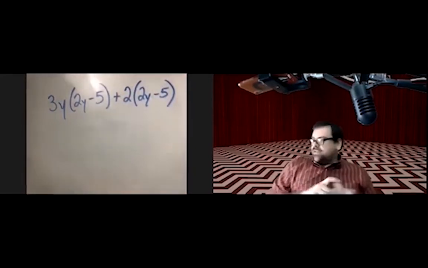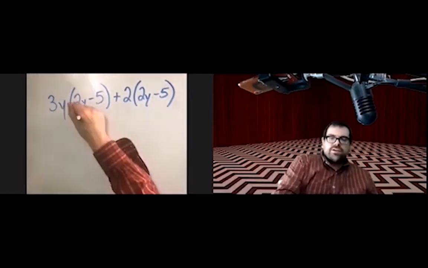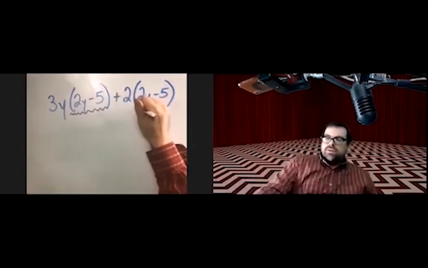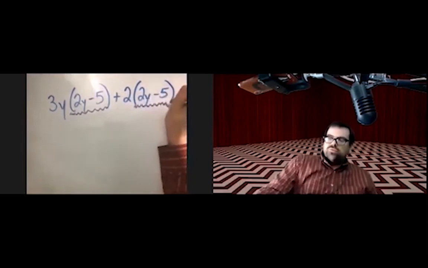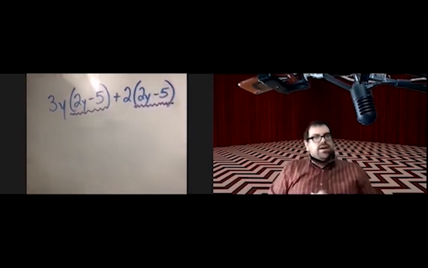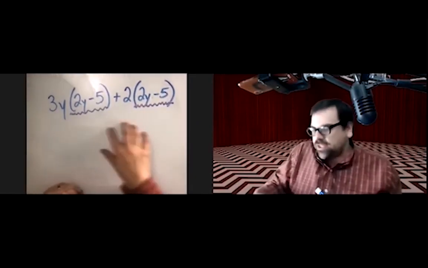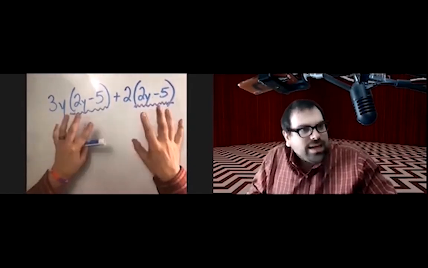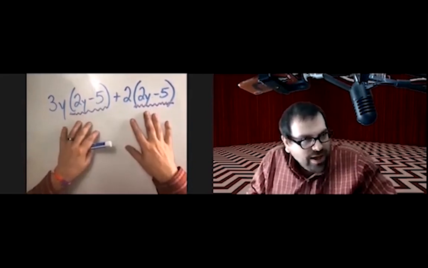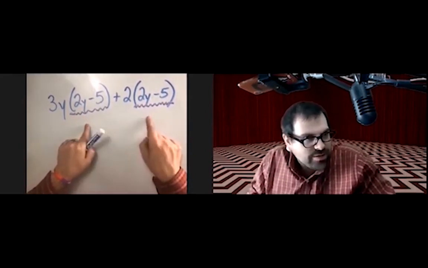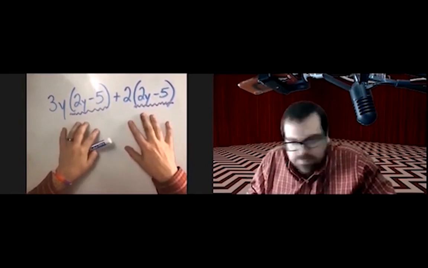What's the common factor? Well, we literally see it. The common factor here is this 2y minus 5. It is in common to both. It is the common factor. It is literally a factor in common to both terms.